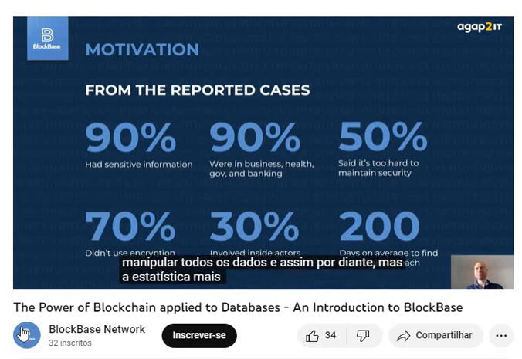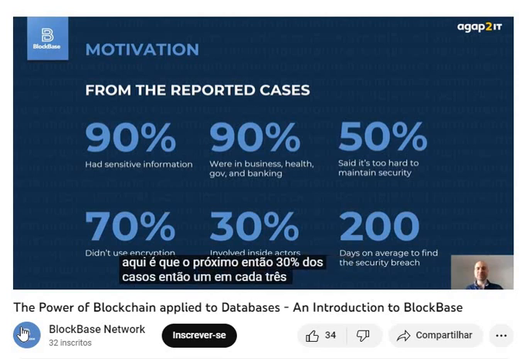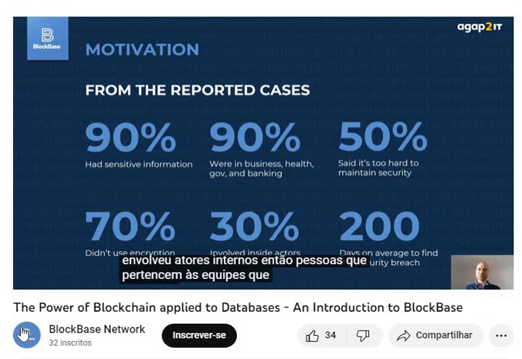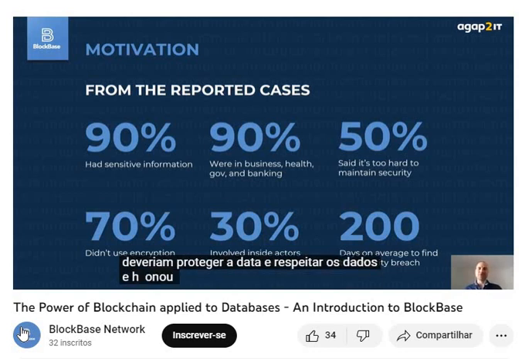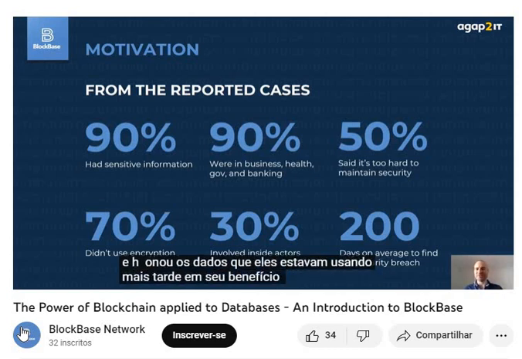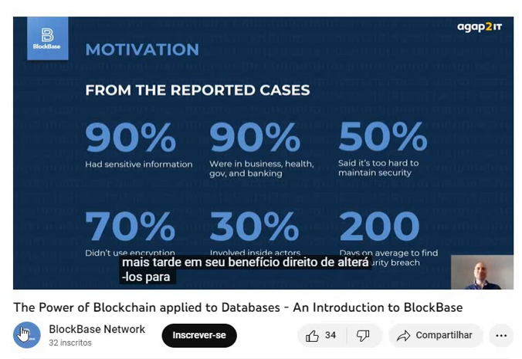But the most important statistic that I see here is the next one. In 30% of the cases, so 1 in every 3 cases, it involved inside actors: people that belong to the teams that were supposed to protect, respect and honor the data, but were using the data for their own benefit, to change it, steal it, modify it, even delete it.